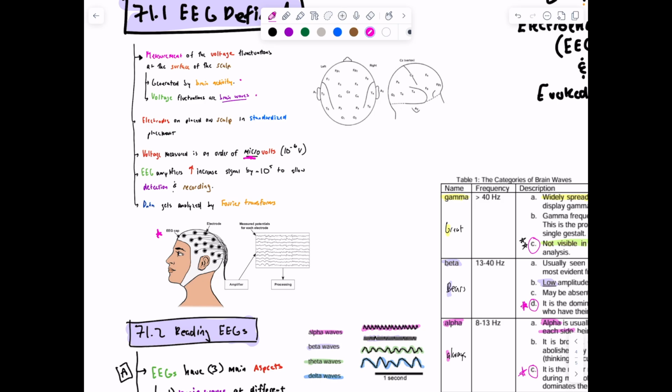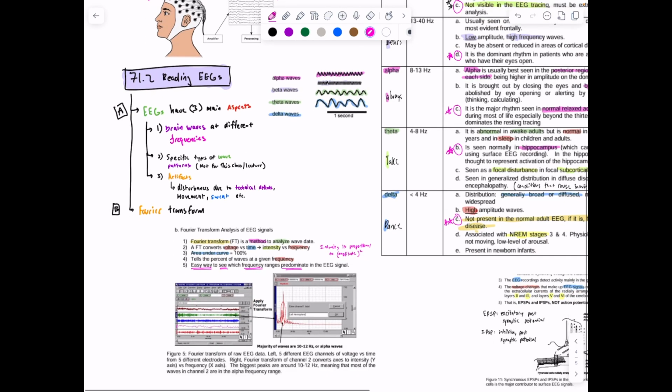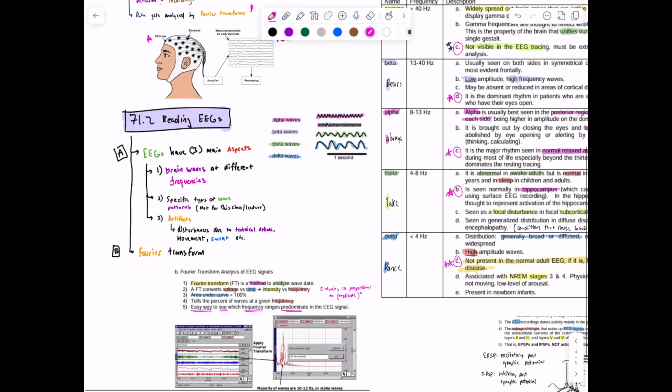Our EEG machines are going to amplify this signal in order to allow detection and recording, and then we use something called a Fourier transform to analyze these voltage waveforms that we get, right?